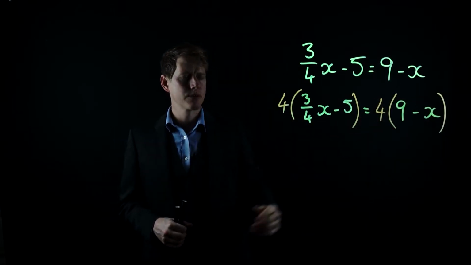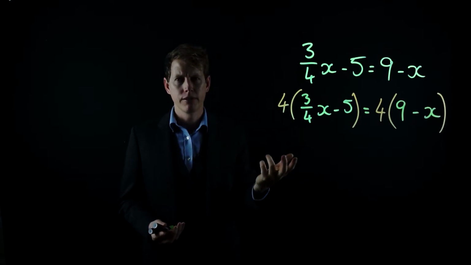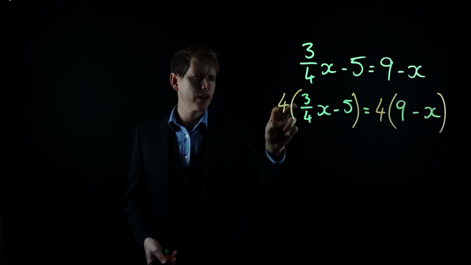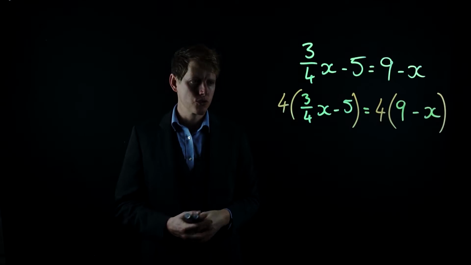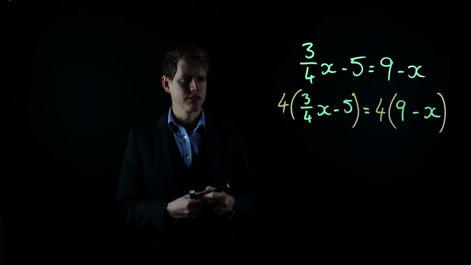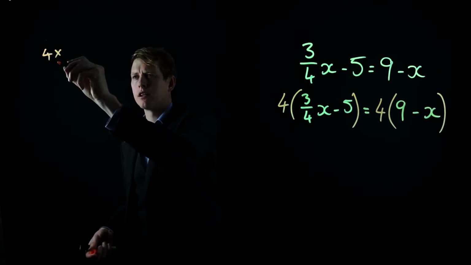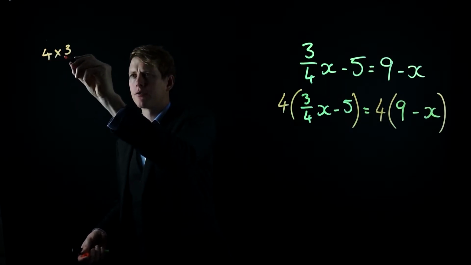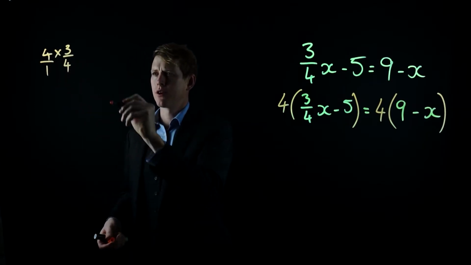Okay, so what happens when we expand these brackets? Well, this might cause a little bit of confusion. And I suggest if you ever get a question like this and you can't really remember what to do, it might be a good idea to write it just by itself. So I'm going to use this space over here. So we're doing 4 multiplied by 3/4. Well, I could write that as 4 over 1 times 3 over 4.